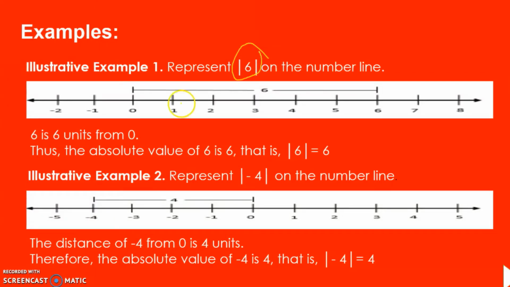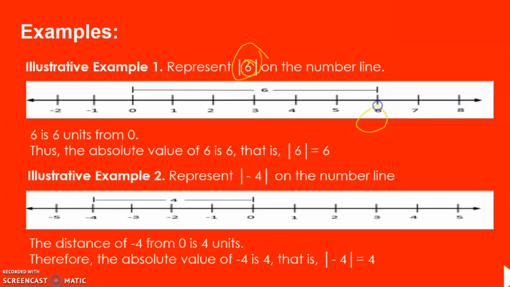As we remember, the absolute value is expressed as the distance from 0. As you can see here, it is positive 6. There is no sign of negative or positive, so automatically it is a positive integer.